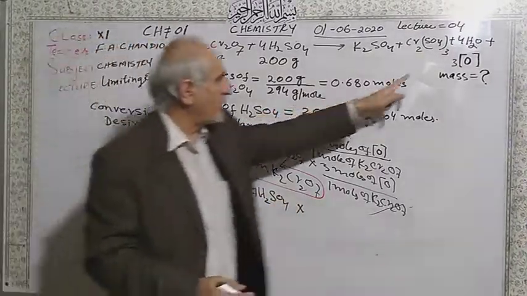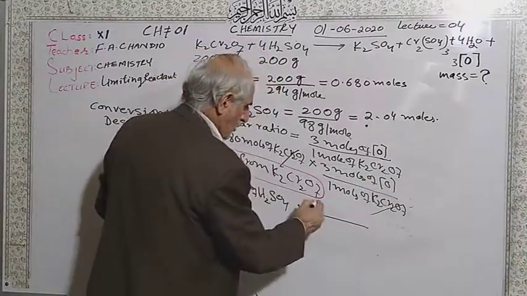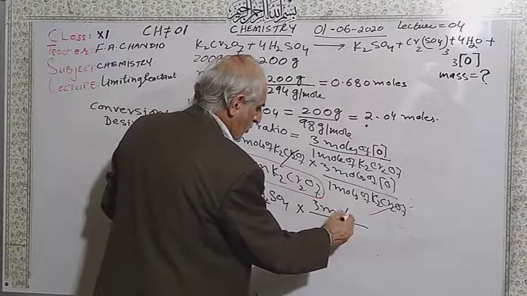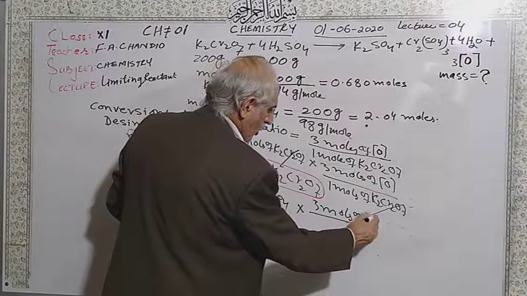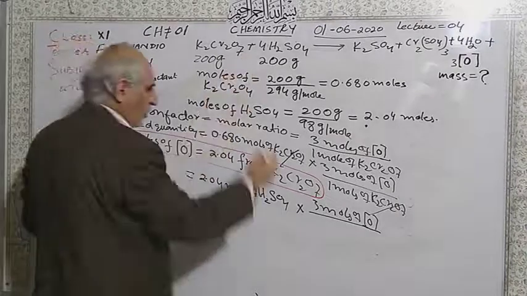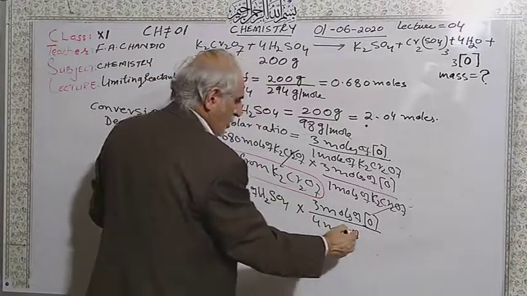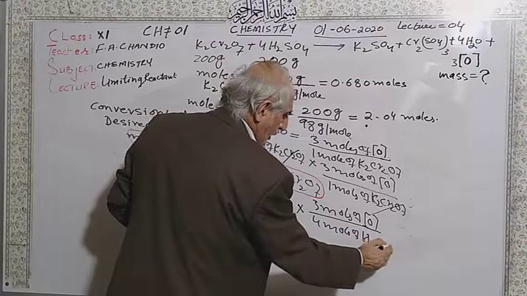So conversion factor 3 moles of nascent oxygen divided by 4 moles of sulfuric acid.